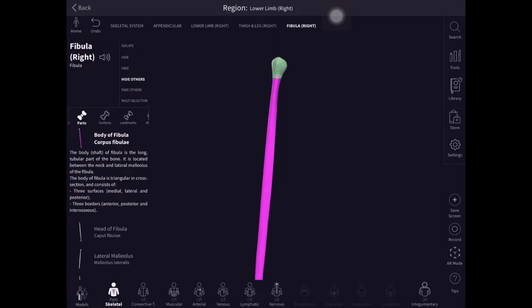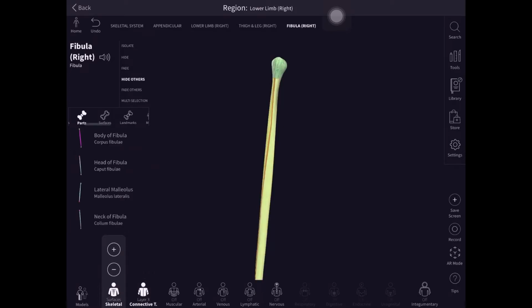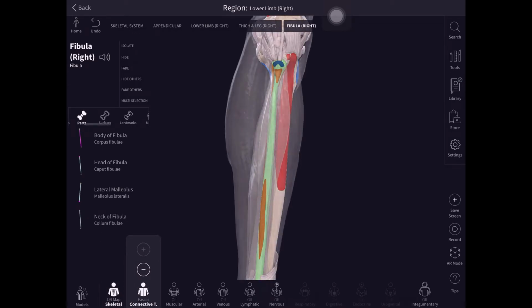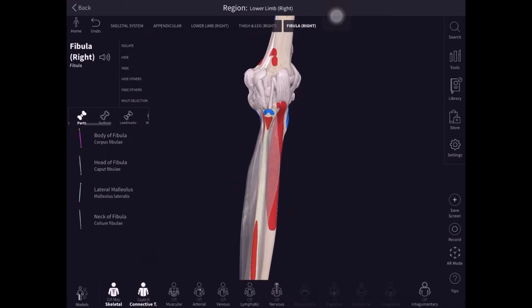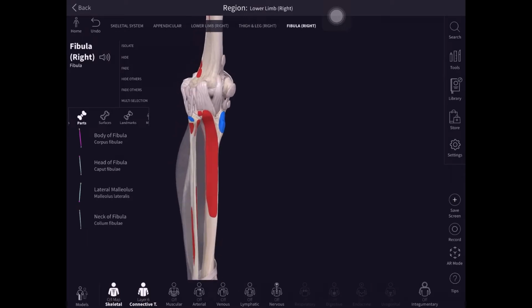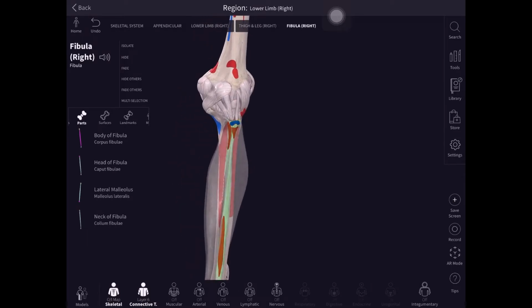Okay, so now we have to see which are the ligaments attached here. I told you one is the oblique popliteal ligament, another is the fibular collateral ligament. For this we will need other bones also. Now here you can see this is the fibula and this is the lateral view.